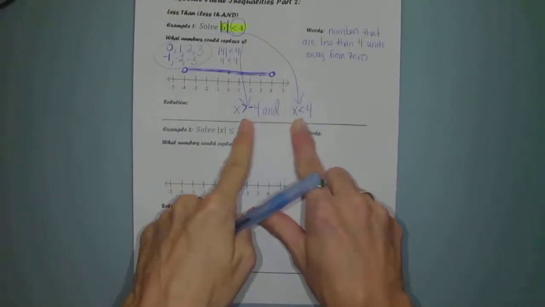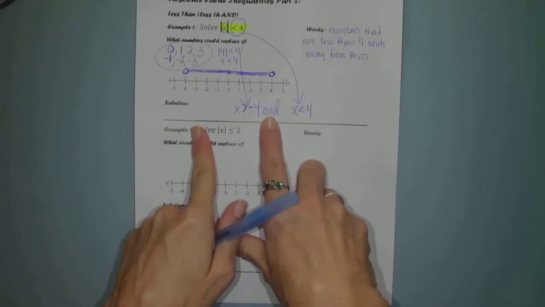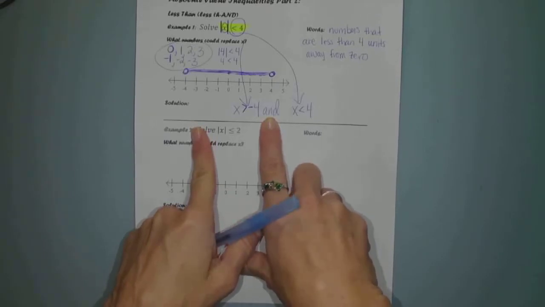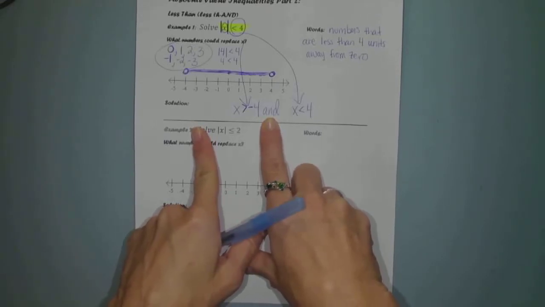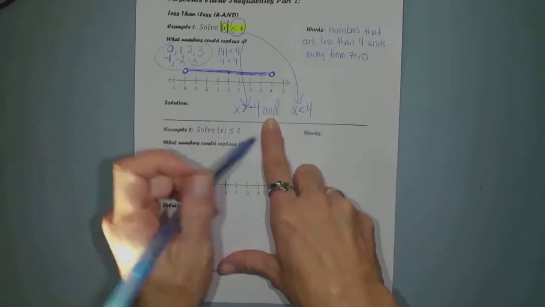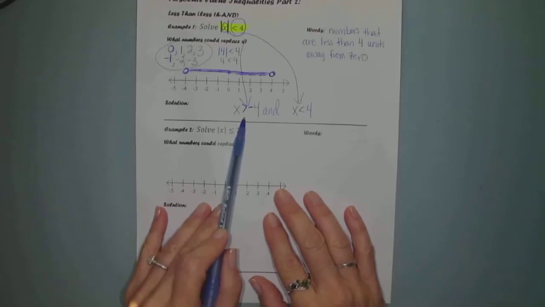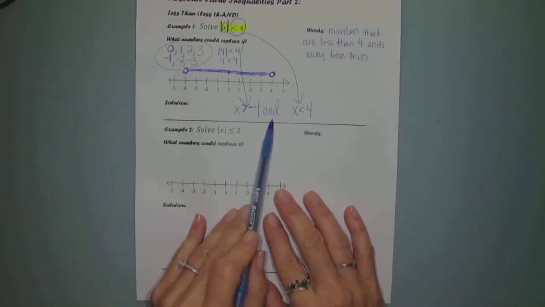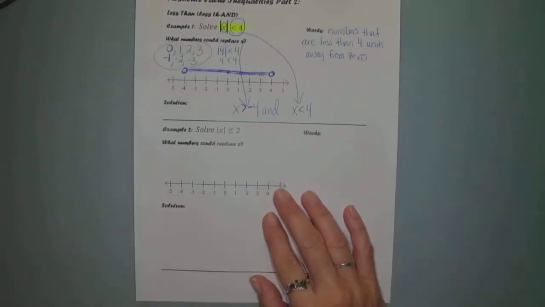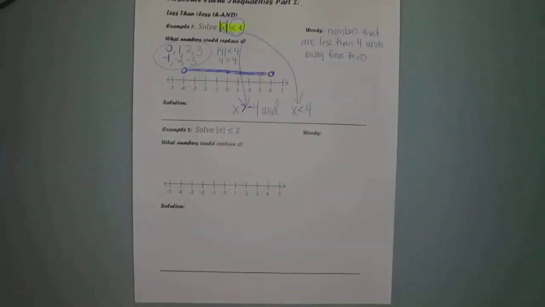Okay, last part of example 1. We all know that for every and, you can write it fancy. So let's write this inequality as a compound inequality, but let's take the word and out of it and write it in a fancy way. So I'm going to change colors for fancy.